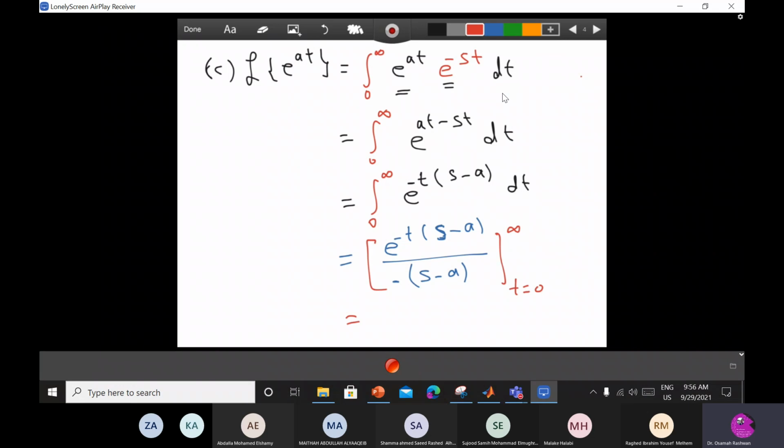When I substitute by 0, I have 0 minus 1 over minus s minus a. This minus minus will end up with 1 over s minus a. This is the Laplace transform for e to the at.